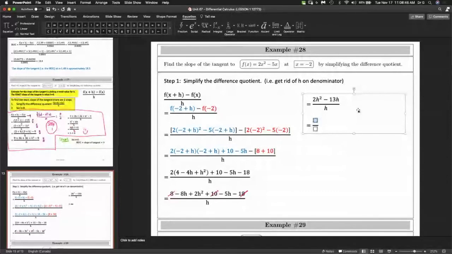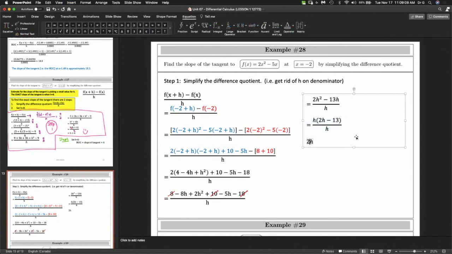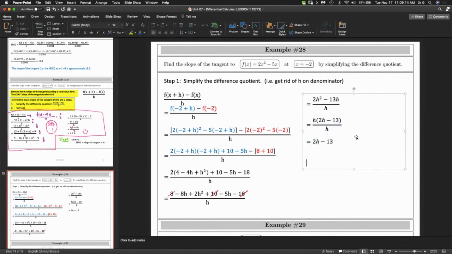Good play, Shaquille. Shaquille's on point. Factor out that h. So that is a good play, my friend. And now that you have that h factored out, once you factor out that h, you can cancel it, and that's 2h minus 13, which takes us to step 2.